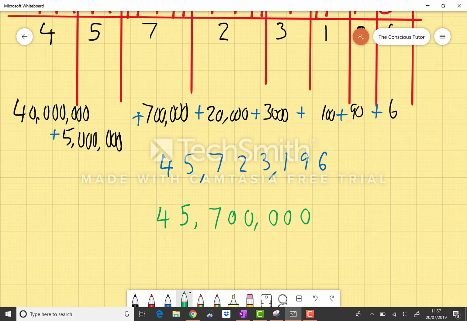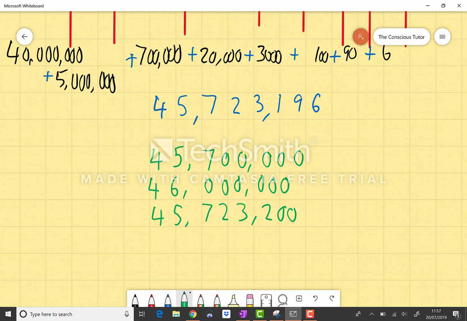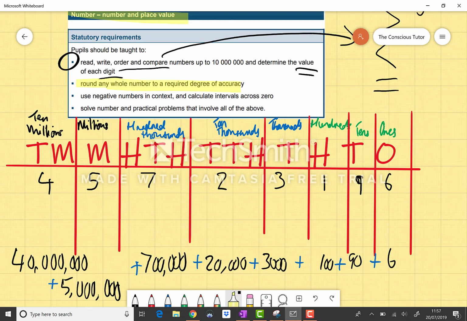So if we look at this number, 45,700,000, that's rounded to the nearest 100,000. So we looked at the original number, 45,723,196, which gets rounded to the nearest 100,000 to 700,000. To the nearest million, 46 million.